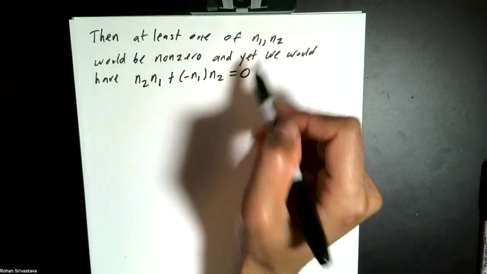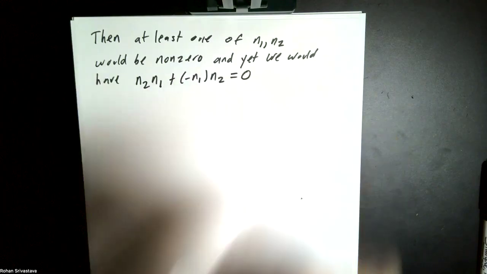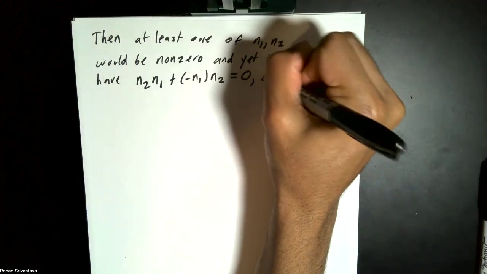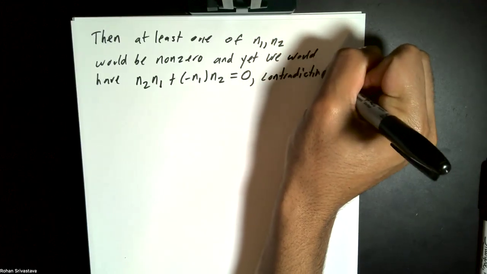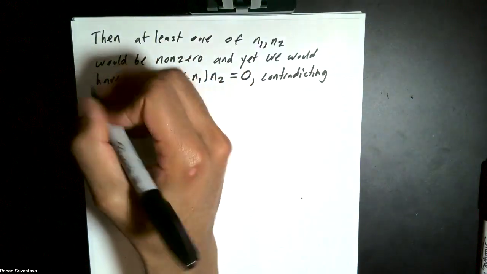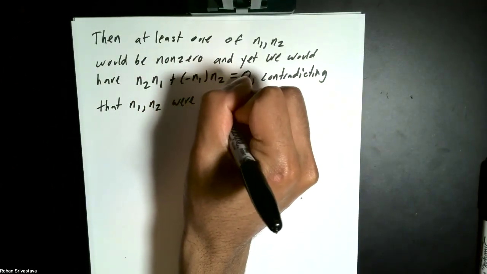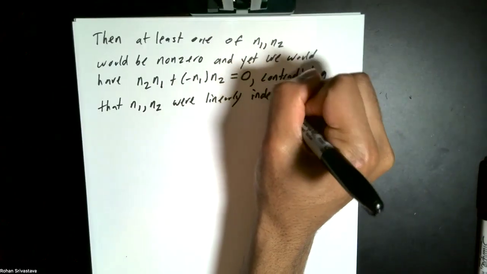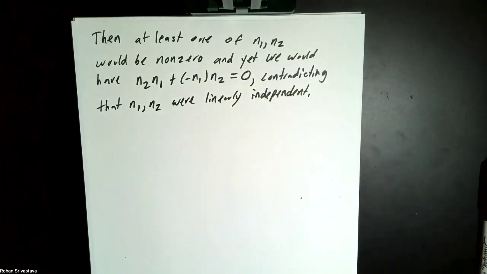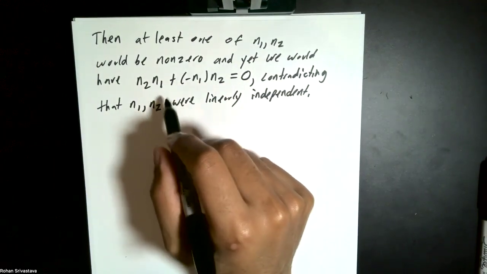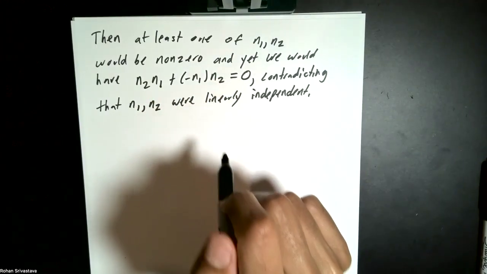So either n2 or negative n1 would be non-zero, and this would contradict that n1 and n2 were linearly independent, because we've written 0 as an R linear combination of n1 and n2 where the scalars are not all 0.